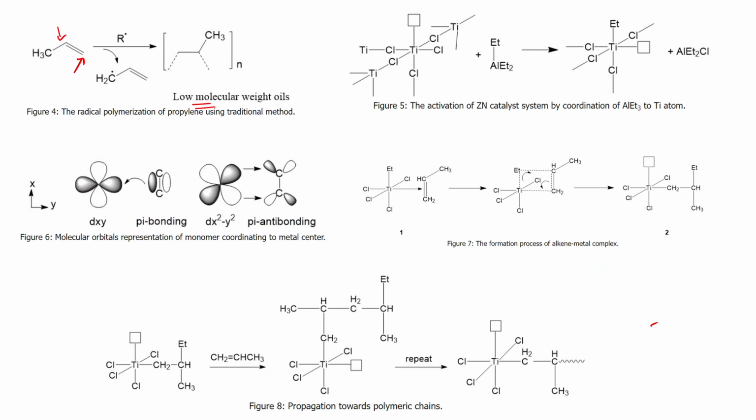Now look into the mechanism of how it is happening. So with titanium tetrachloride and this aluminum reagent, in titanium you have this particular potential, and aluminum can donate one of the alkyl units, which is here.